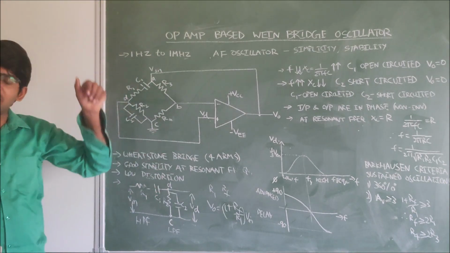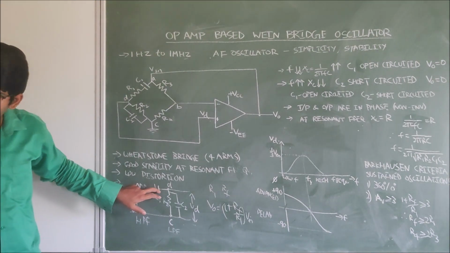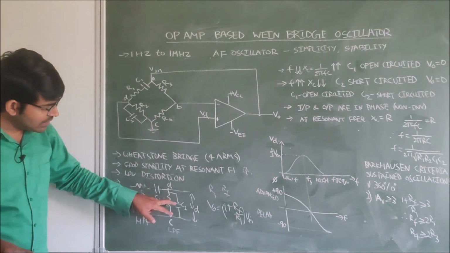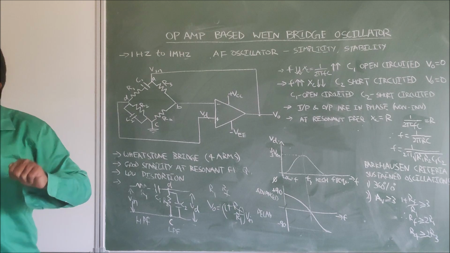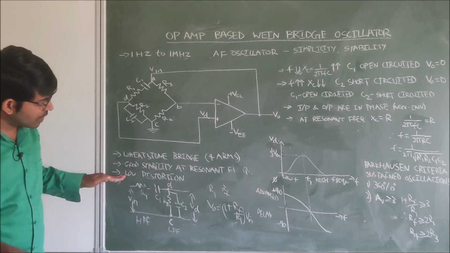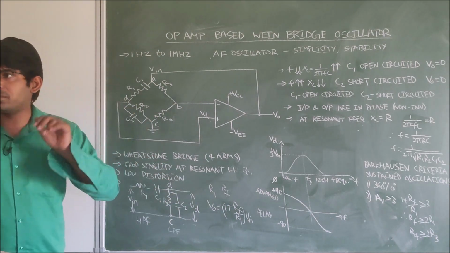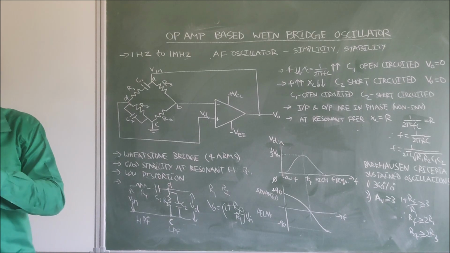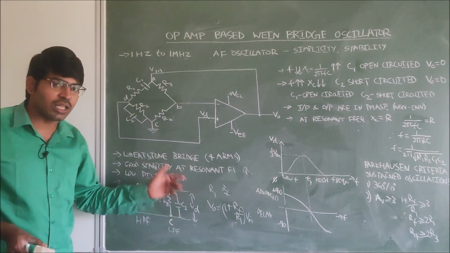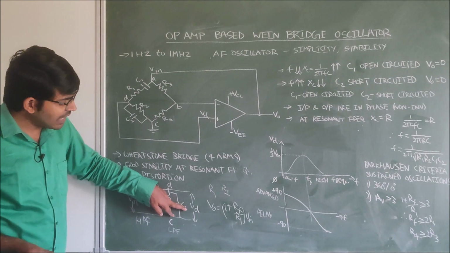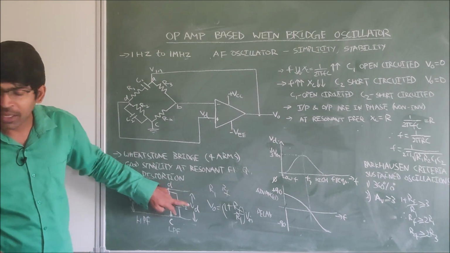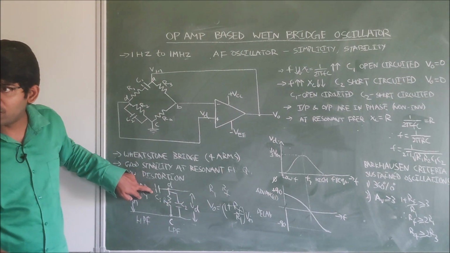And at high frequencies, this capacitor will be shorted and grounds the entire signal. That's why we do not get the high frequency signal as the output either. So this is acting like a low pass filter and this is acting like a high pass filter.